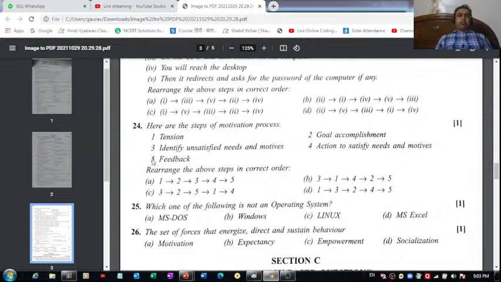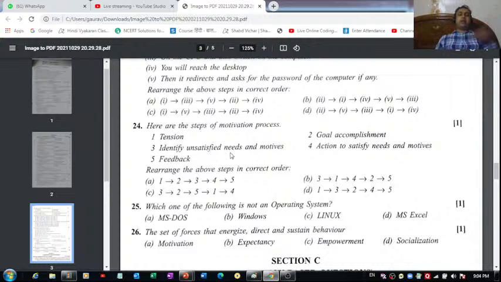Tension, goal accomplishment. If we have to rearrange them, we have to do it in such a way that the steps show the motivation process correctly. So I think the third one should come first: identify unsatisfied needs and motives.